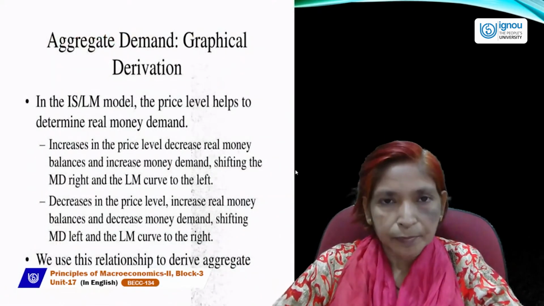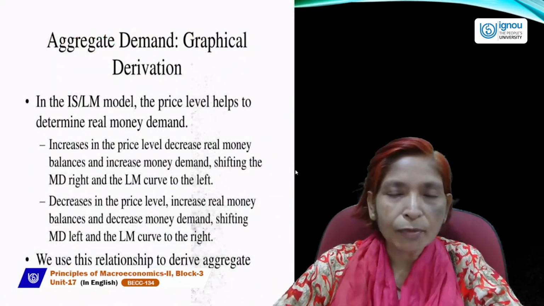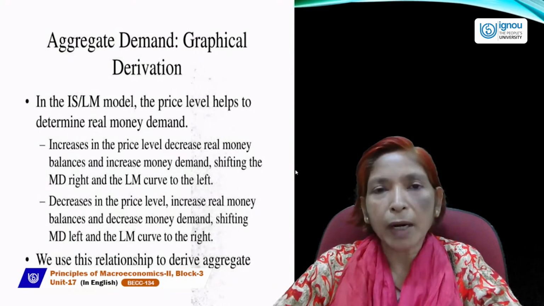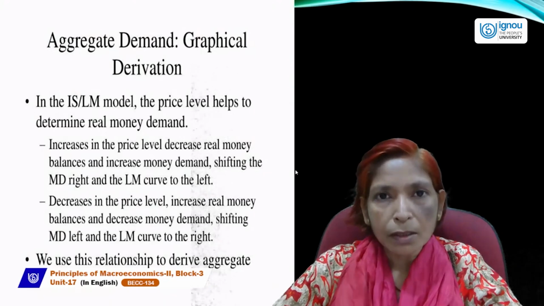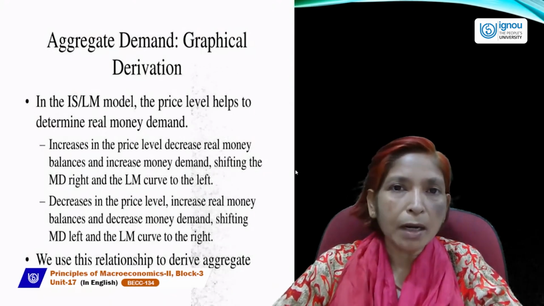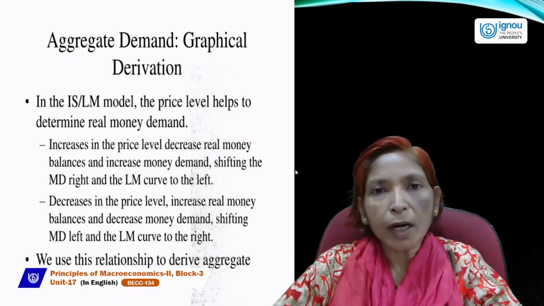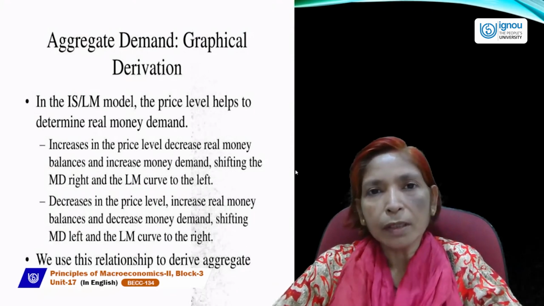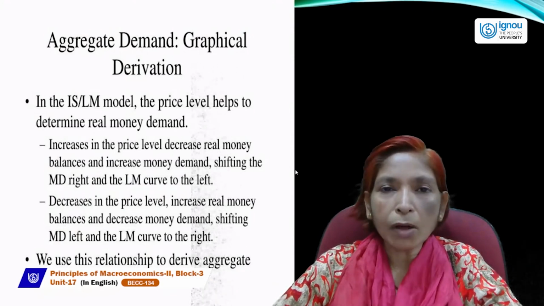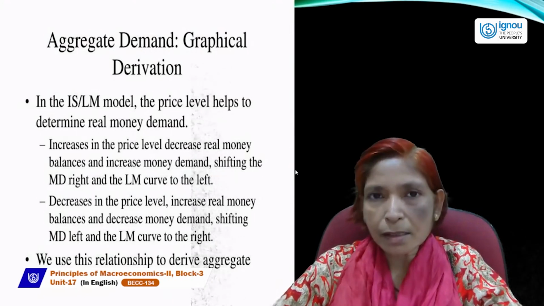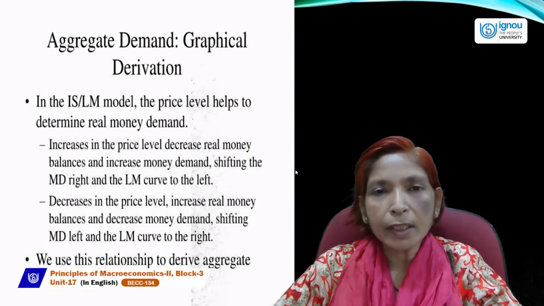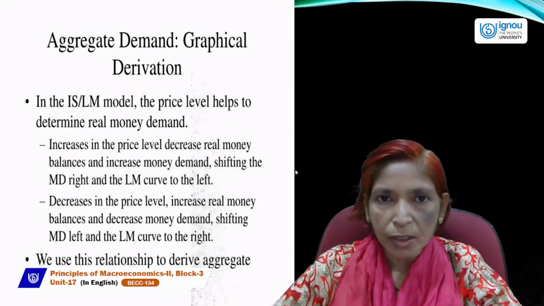Aggregate demand. First of all, you must know what aggregate demand is. Aggregate demand is the sum total of all the country's people's demand, the total demand of the whole country demanded by all citizens of the country at the given prices and at the given time period.